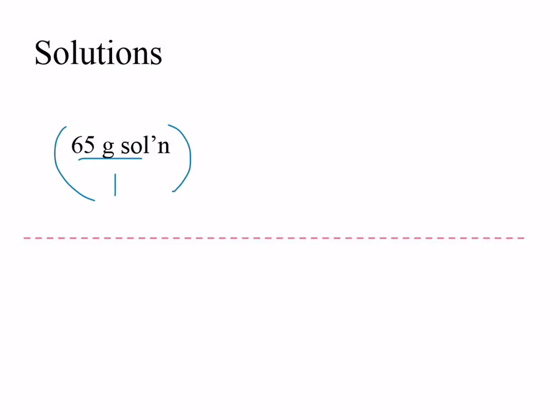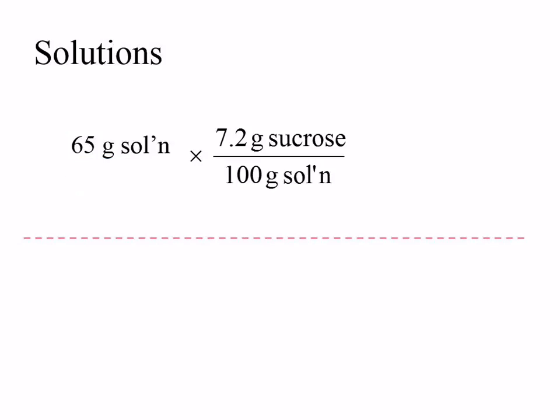Do you buy this? I call it the unflipped version of the weight percent. So in this case, grams of solution have canceled. We're left with units of grams of sucrose, which is just perfect. So focus on your units.